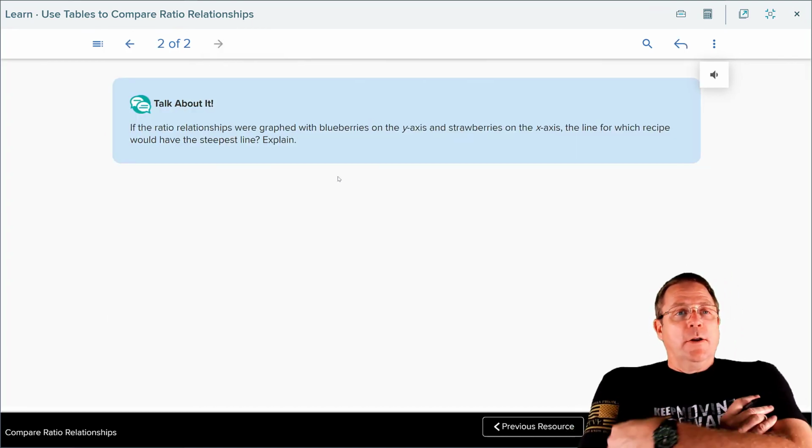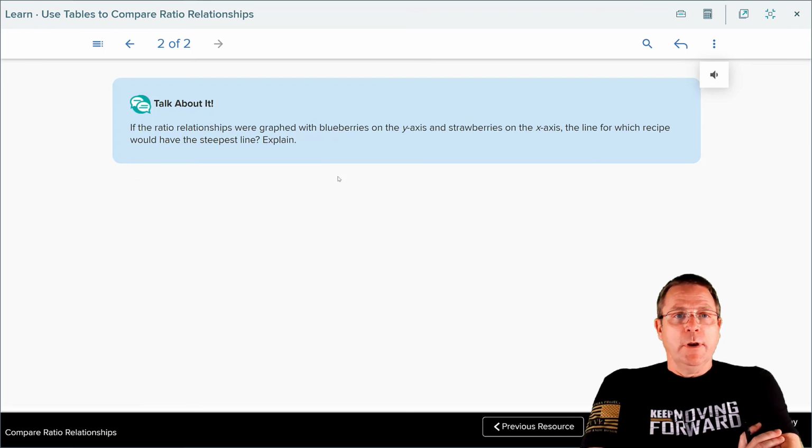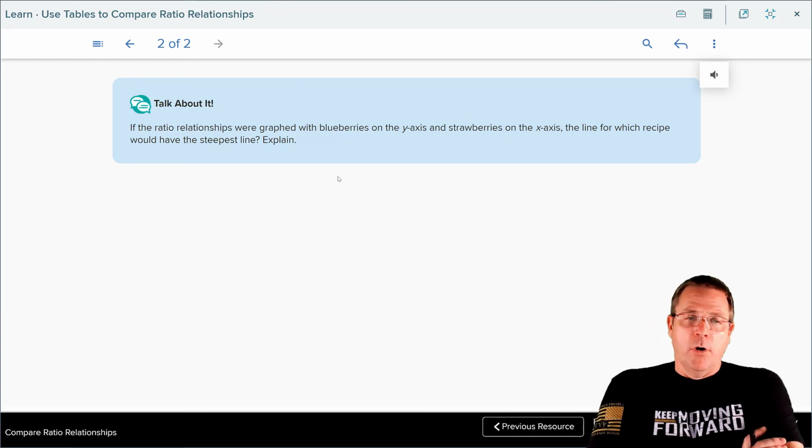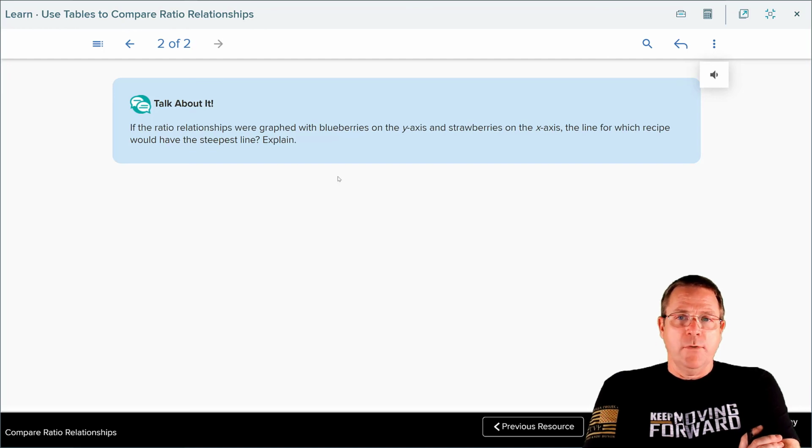Or think about a question. If the ratio relationships were graphed with blueberries being the y-axis and strawberries being the x-axis, the line for which recipe would be the steepest? Explain. I want you to stop and take a minute, pause your recording, and write out your explanation.